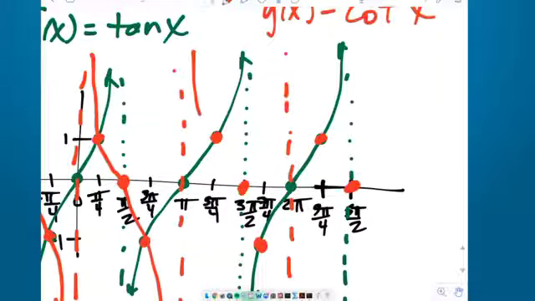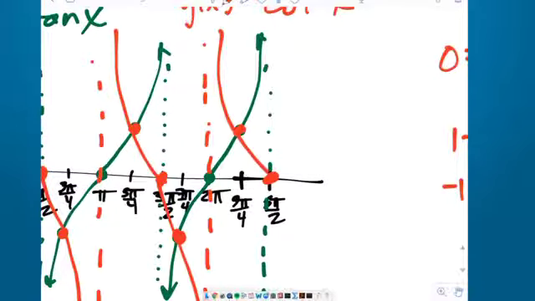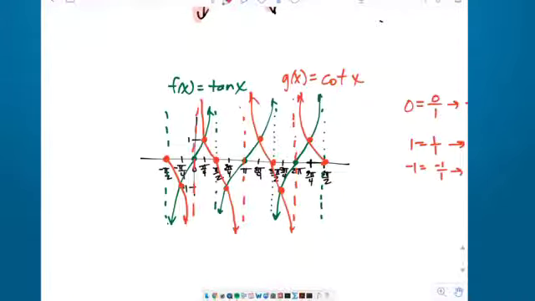Same thing here. I'll be decreasing to 3 pi halves. And then decreasing from 3 pi halves to 2 pi. And you want to kind of exaggerate the curvature change on the axis points. There then is the graph of cotangent from the graph of tangent.